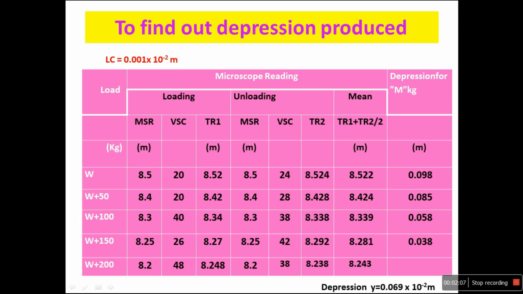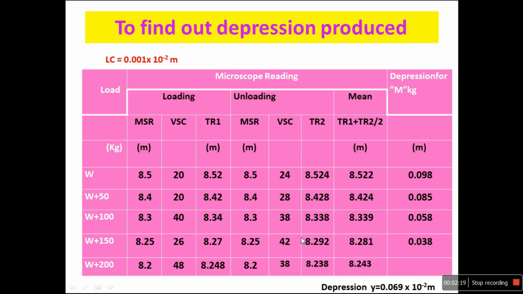We will move to the calculation part, how to calculate Young's modulus, and this is the first tabular column to find the depression produced. The least count of the travelling microscope is equal to 0.001 into 10 power minus 2 meters. In the first column load and second column microscope reading, we segregate into 2 columns, loading and unloading.